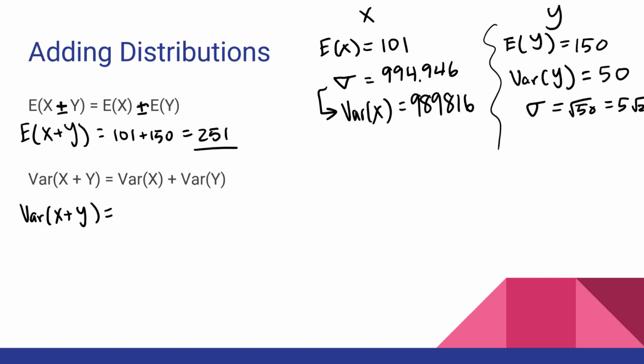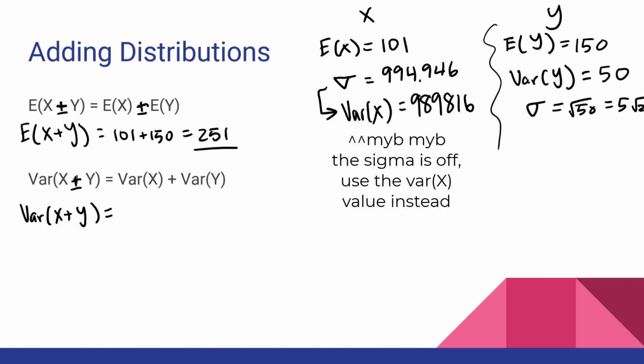When you combine the X and Y distributions, no matter whether you're adding or subtracting, the variance of this new distribution is always going to be equal to the variance of X plus the variance of Y. You would never subtract variances, ever. So our variance of distribution X was 989,816, and then plus our variance of Y, which was 50.